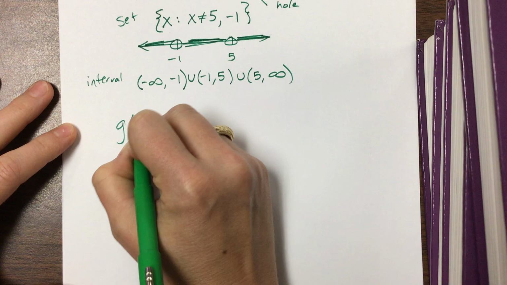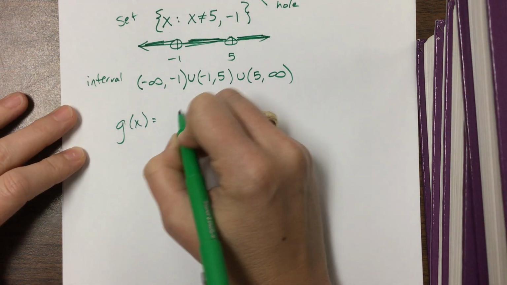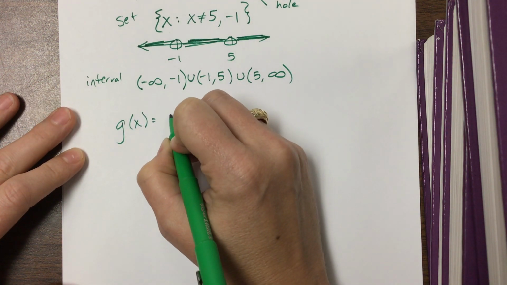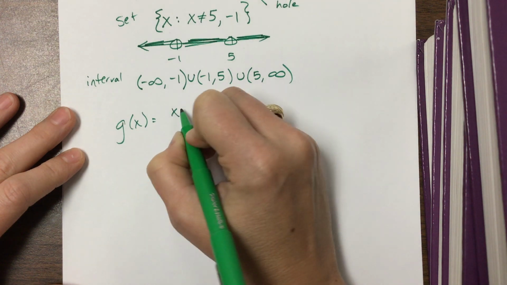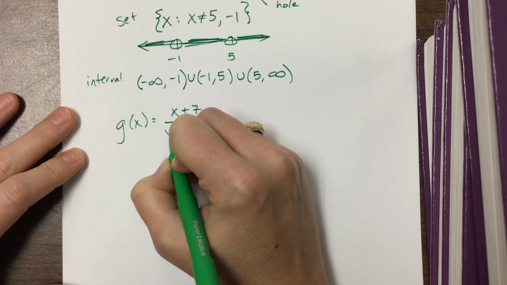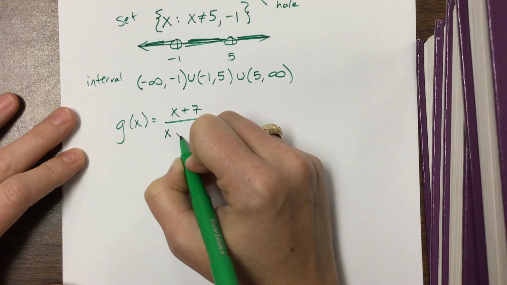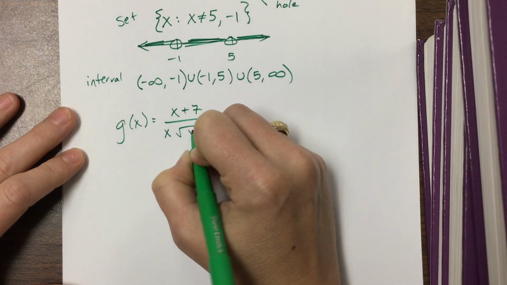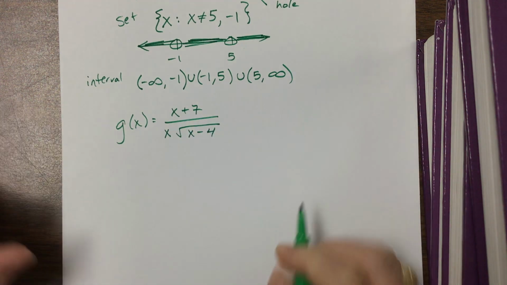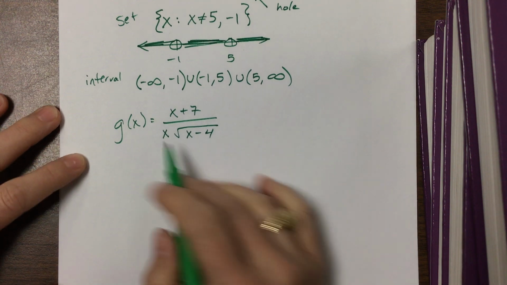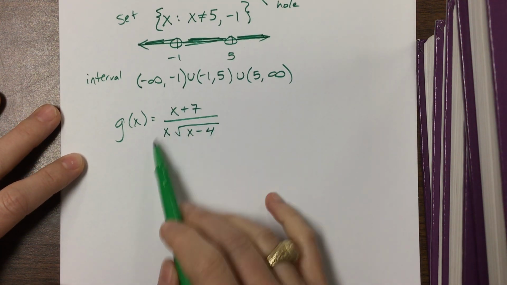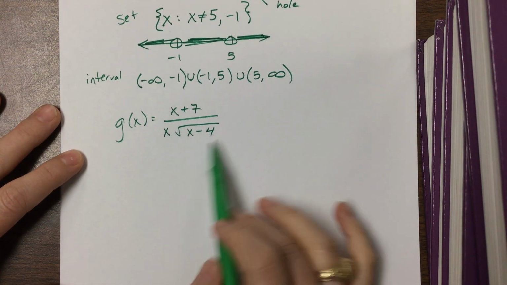Let's say I have g of x is equal to x plus 7 over x times the square root of x minus 4. I don't know. So what's happening here is I have a square root.